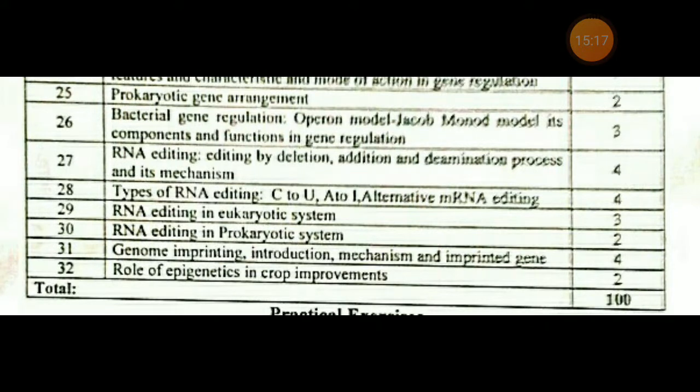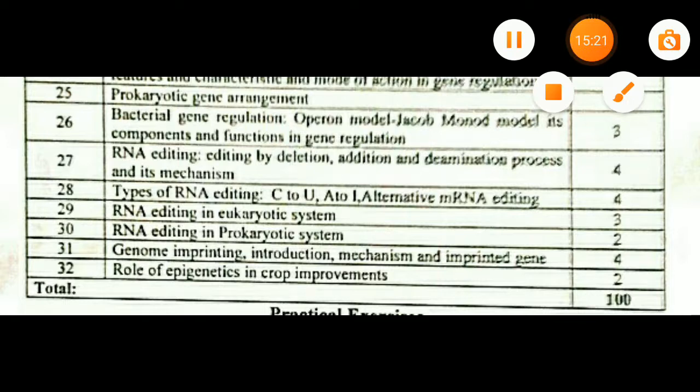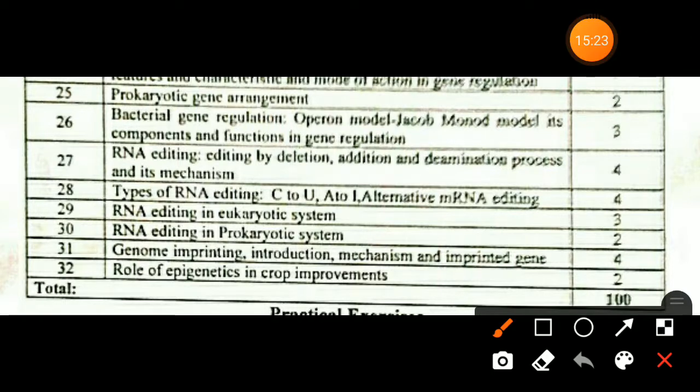Then the 25th lecture is about prokaryotic gene arrangement, and this topic has about 2% of weightage. Then the 26th lecture is for bacterial gene regulation, the operon model, the Jacob-Monod model, its components and functions in gene regulation.